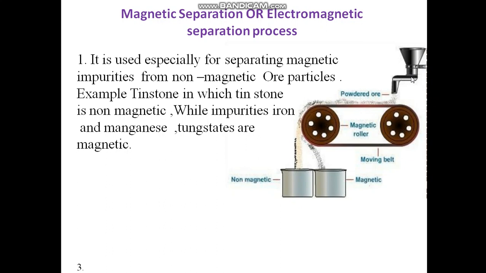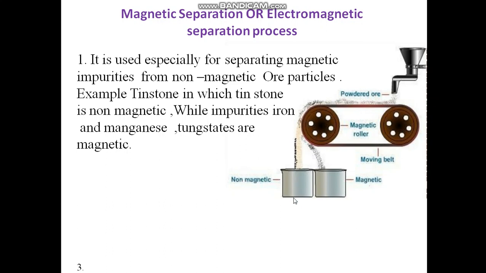As I have told you before in the explanation about magnetic separation, we are going to pass the powdered tin stone through the hopper. What will happen? It will pass on a conveyor belt and then through the magnetic roller. When it passes through the magnetic roller, the magnetic ore particles and the non-magnetic ore particles will separate because of the centrifugal force.